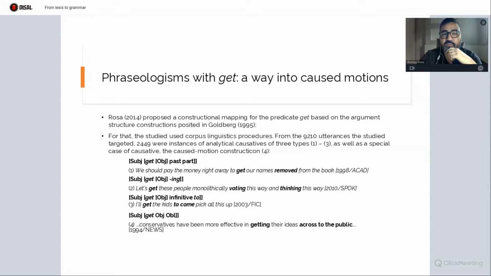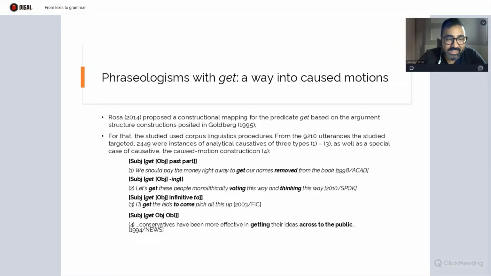This was the main topic of my PhD dissertation, and my interest in this construction actually was born during my master's. Okay, so we have things such as, number one, we should pay the money right away and get our names removed from the book. This is an example of a past participle causative construction. So get names removed.